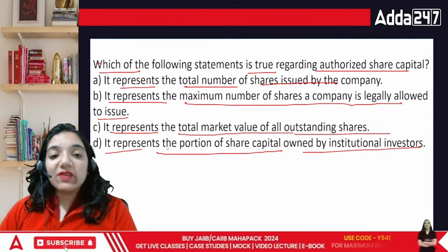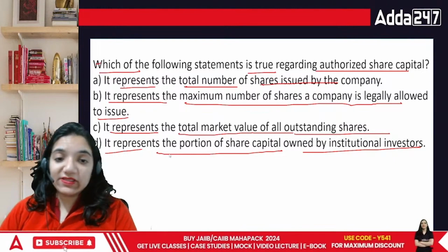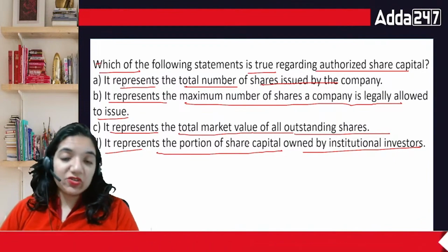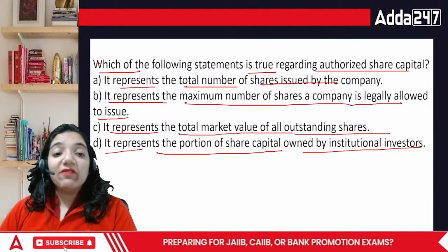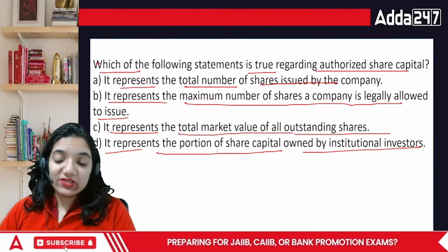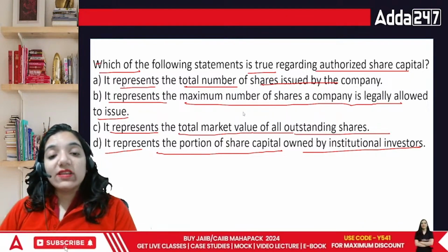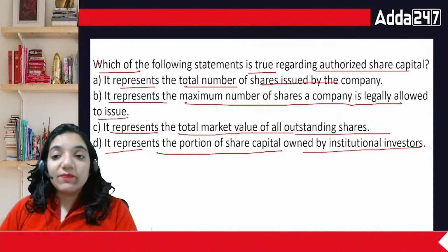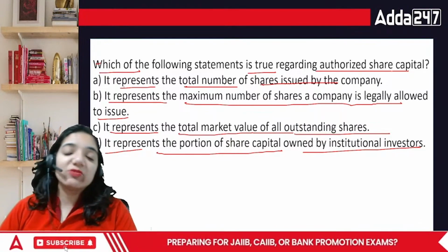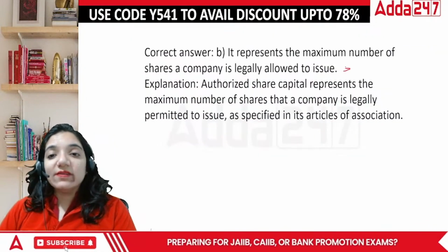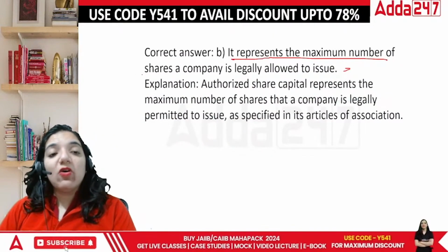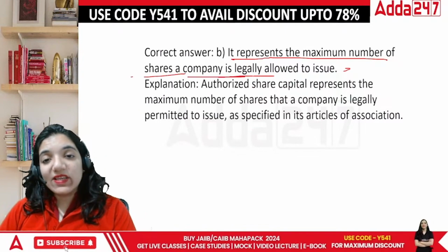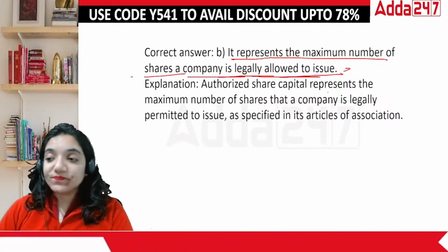This is the maximum, sorry, not the minimum, capital that we are allowed to raise in an organization. So in this question, they have talked about the authorized share capital, which represents the maximum number of shares a company is legally allowed to issue.